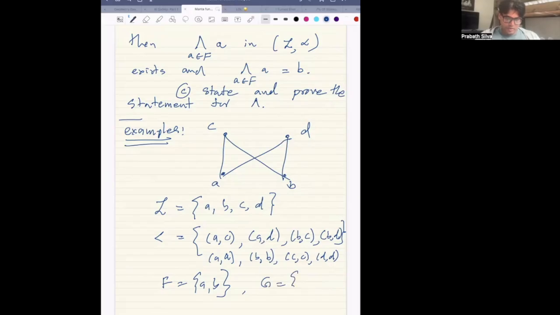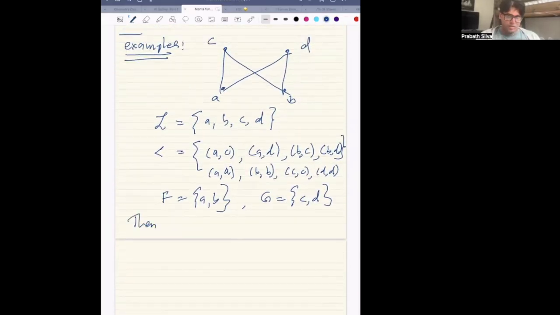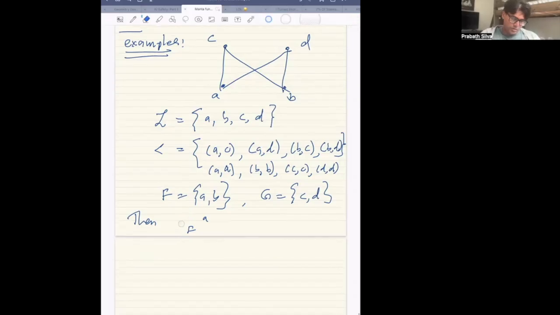Take G to be C, D. Then the supremum of this thing does not exist.